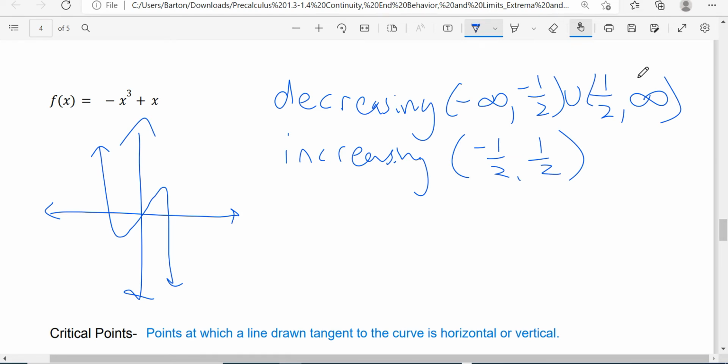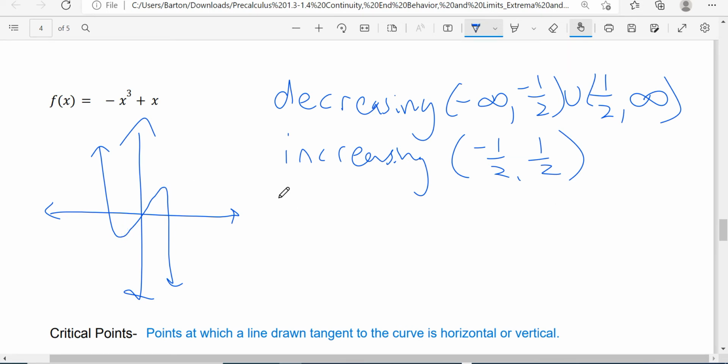And down here, we have an example. We have this function f of x equals negative x cubed plus x. I graphed it for you. We're going to talk about this in our definitions below, but this value is called a minimum, and it's at x equal to negative 1, and we have a maximum at x equal to 1/2.